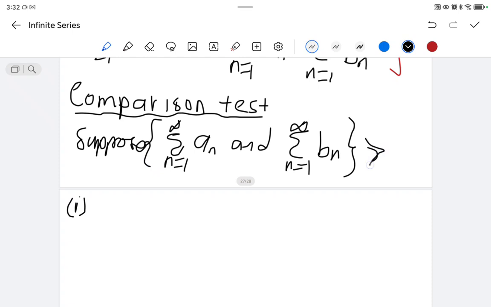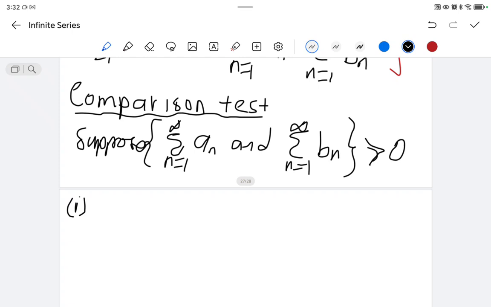The reason why they should be greater than 0 is that for the comparison test, we focus on increasing sequences or series.